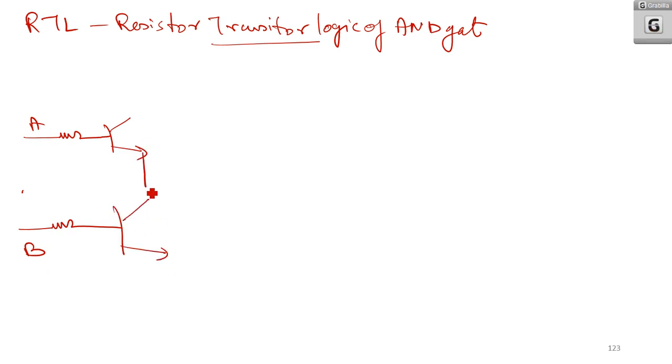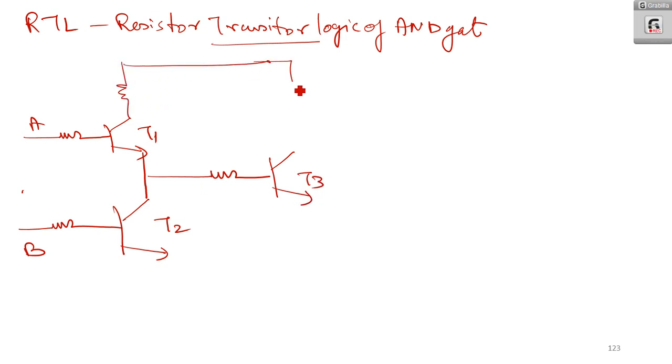These two are interconnected. This is connected to another transistor. So this is T1, T2, T3. Here we are having a resistor, and here another resistor. Here we are supplying plus 5 volt. Resistor R, and here we are connecting it to ground. And the output I am taking from here.